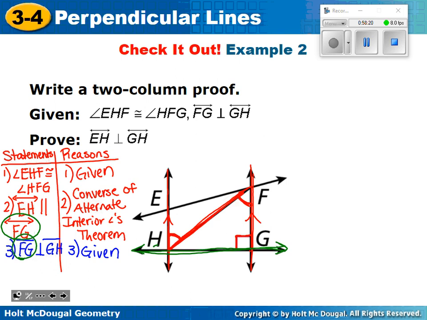So we can go straight to what we're trying to prove here, that number 4, EH, is perpendicular to GH because we have a pair of parallel lines, and we have one of those parallel lines is perpendicular to the transversal. So that means the other parallel line had to be perpendicular to the transversal. And what's the name of that theorem? Perpendicular transversal theorem.